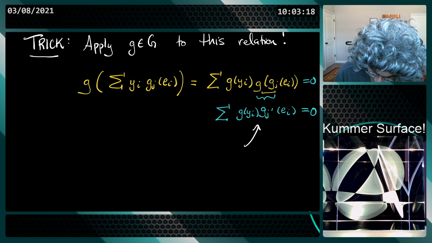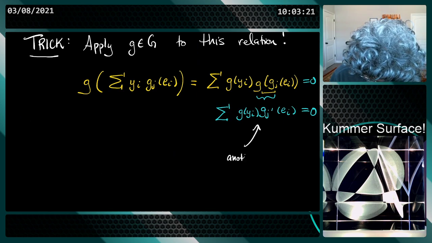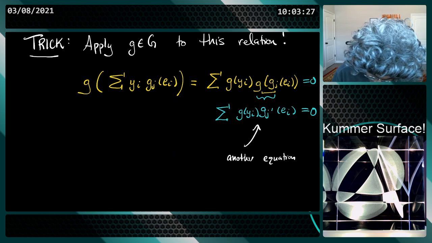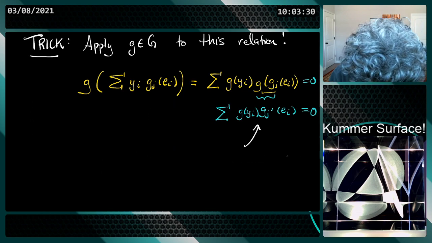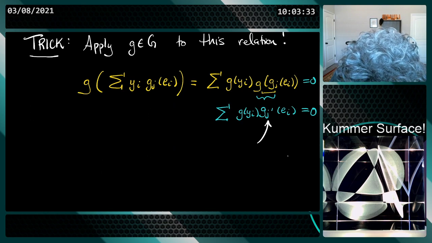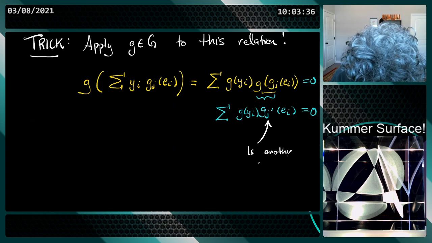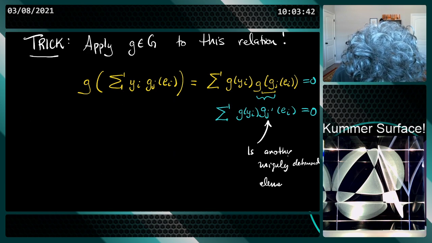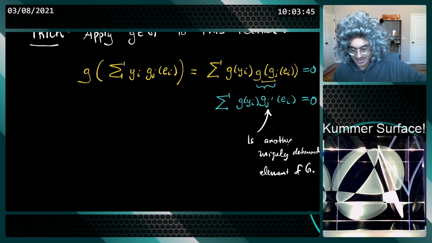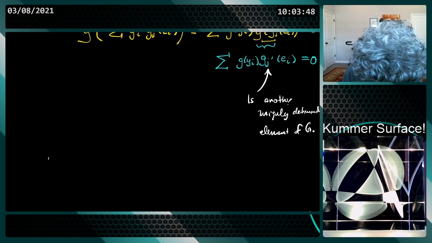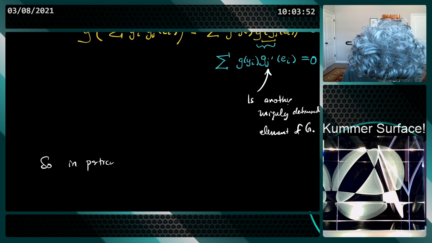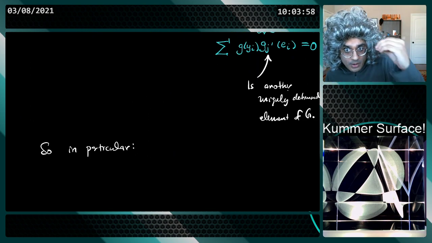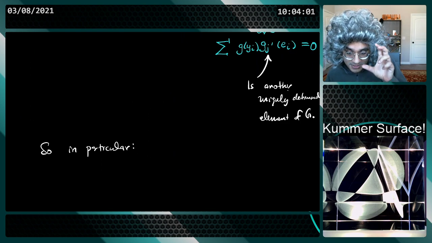So this is another equation. This gj prime is another uniquely determined element, and so in particular, we get another solution, another y1 up to yr set of numbers.